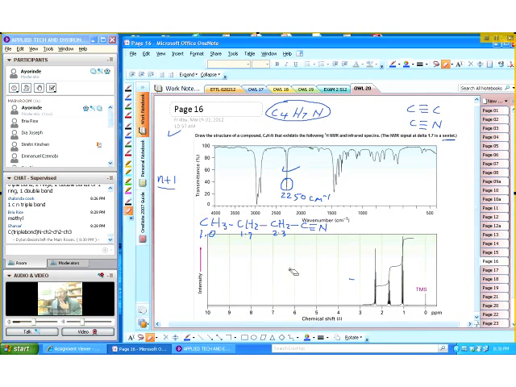So is that clear to all of you? If it is, give me a happy face. The most important information I want you to take out of here is that the carbon-nitrogen triple bond, you will also always find the infrared signal at about 2250 wave number.